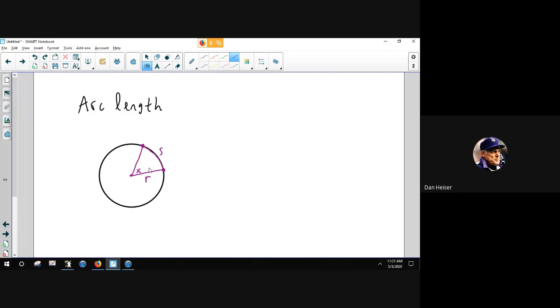Whatever angle this is will be this degree measure here. And we know how many degrees are in a circle. So if this is a 60-degree angle, I have 1/6 of the entire circle, which means that this arc would represent 1/6 of the entire circumference.